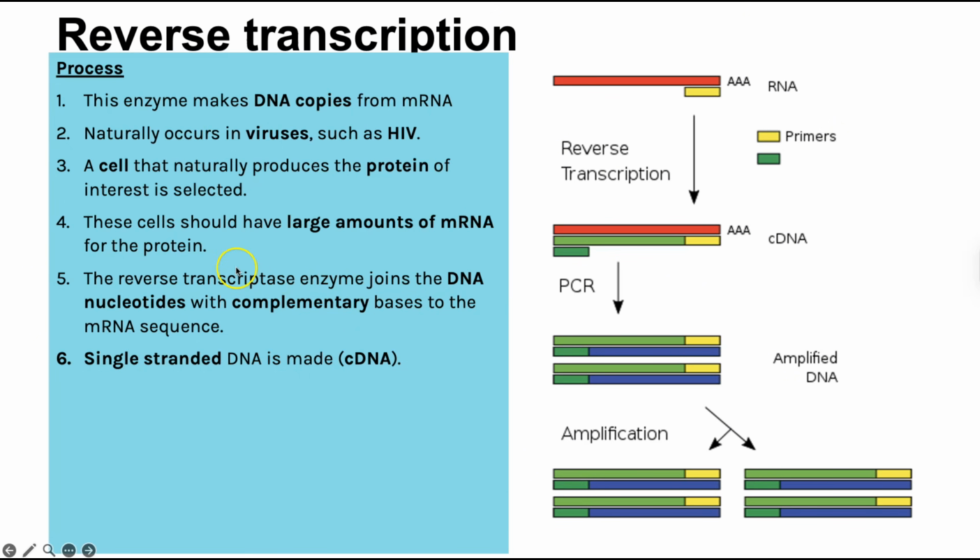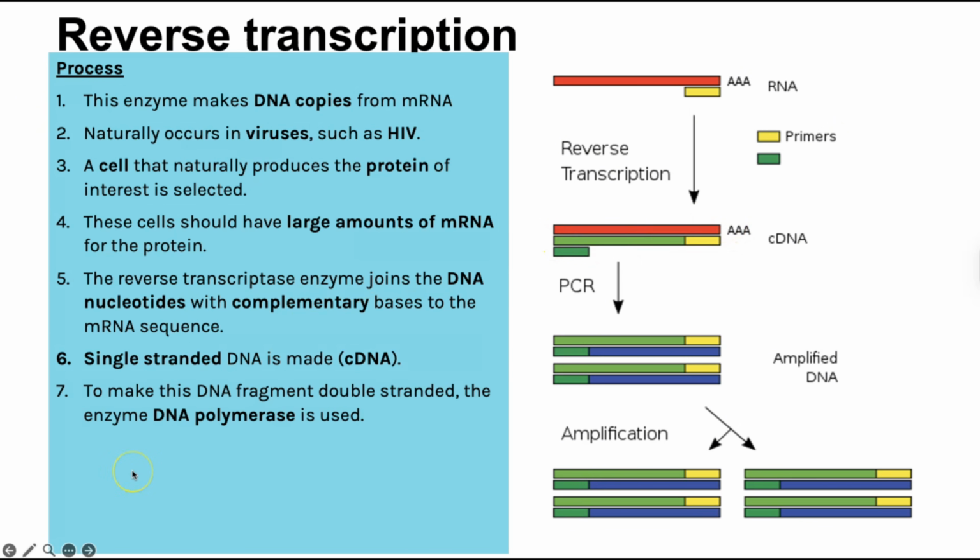But because we'll have one mRNA sequence, and then you get your DNA sequence aligning and being created against that, you end up making a single-stranded DNA molecule. And we call this cDNA, complementary DNA, so complementary copy of our mRNA.